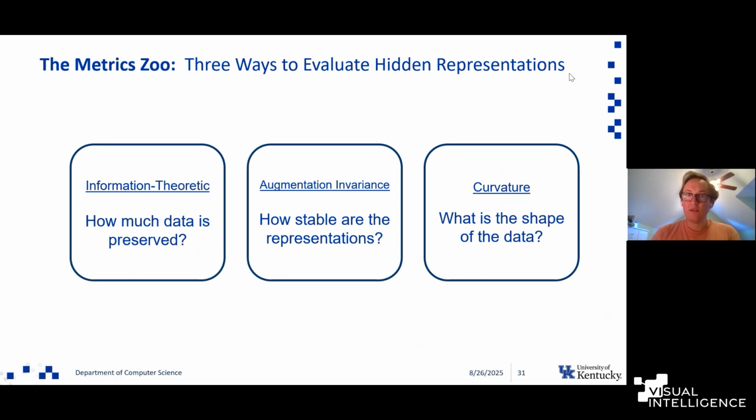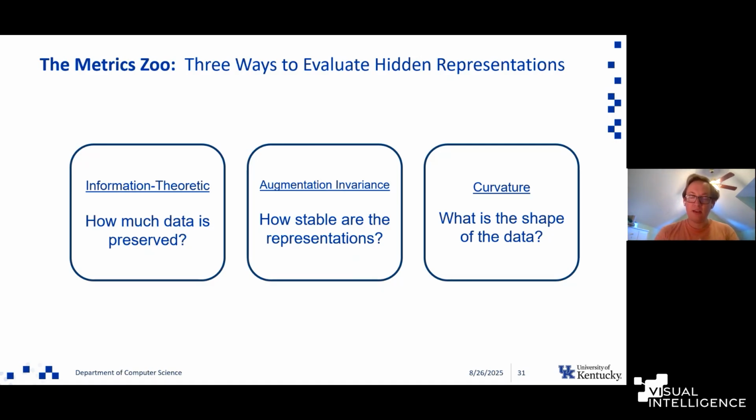So information theoretic is understanding how much data is preserved. Augmentation invariance is how stable the representations are to augmentations like typos or new words. And the third metric, curvature, is understanding the shape of the data. So how curved is the embedding space?